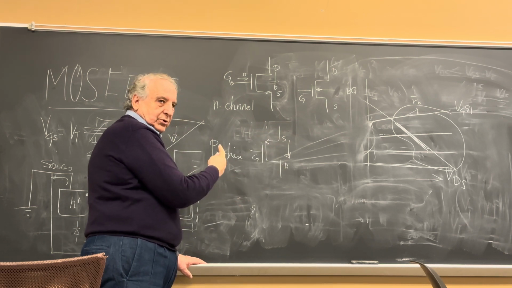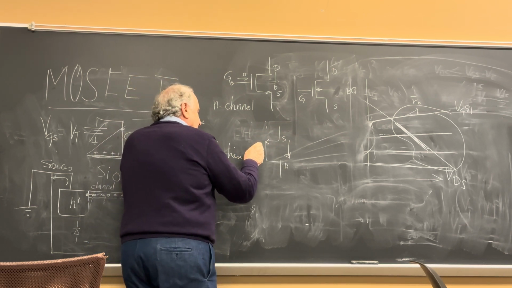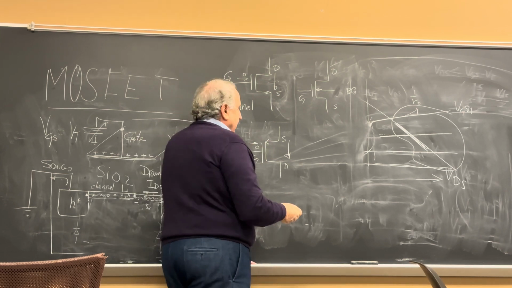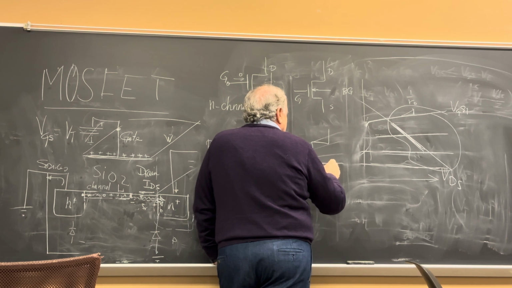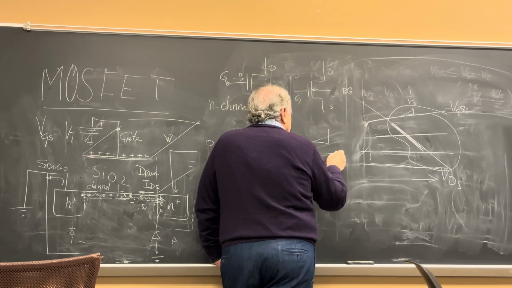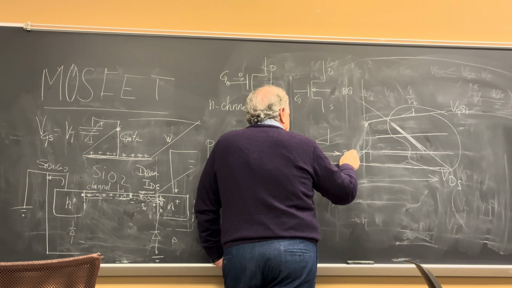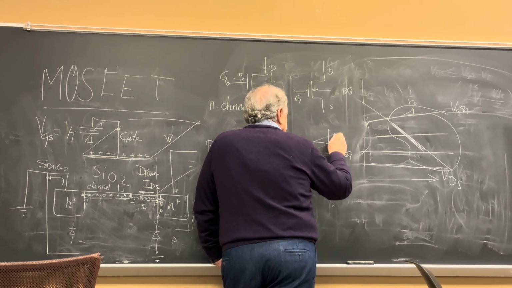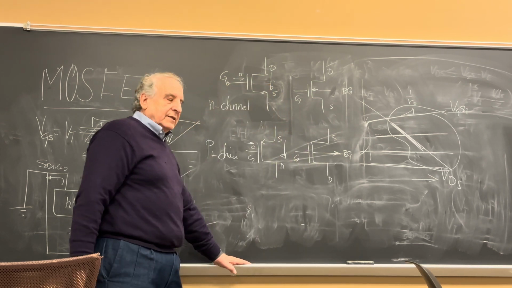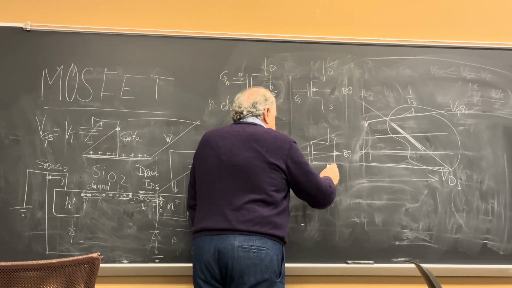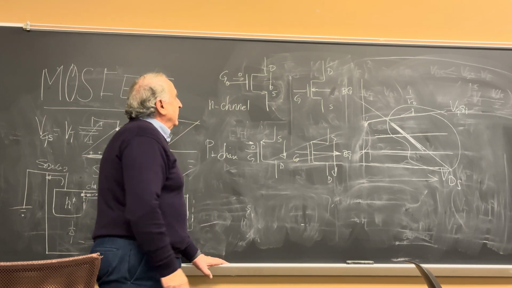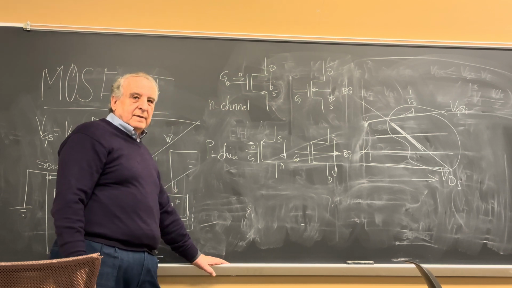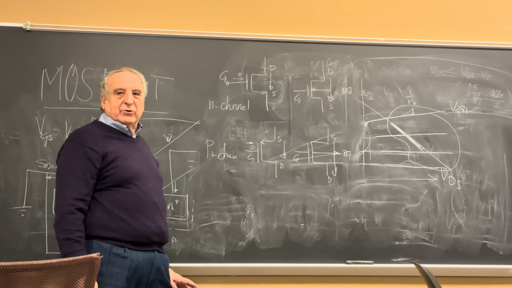This is gate, and this is still 0 current going in or out. And this notation would have a back gate. Gate. That's a D. And the direction of current is this way. Again, the arrow from P to N.